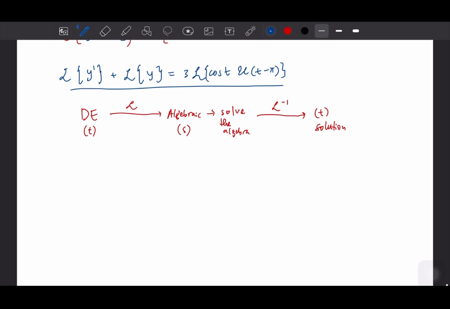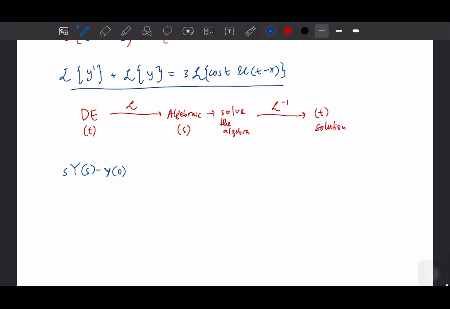So what we are doing now is taking the Laplace of all this. First, Laplace of y prime is s capital Y minus the initial value. It is supposed to be very simple.